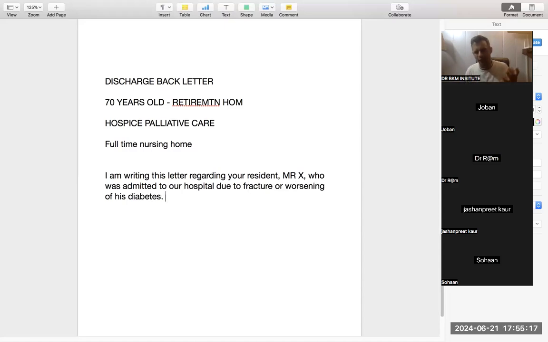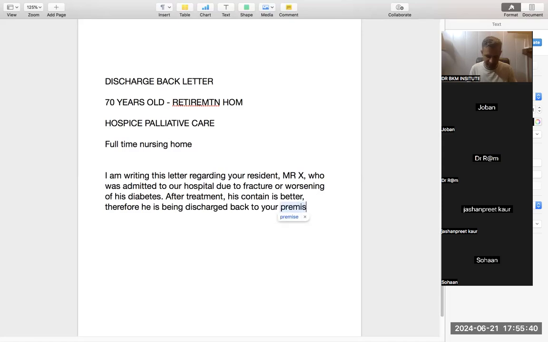It can be either worsening of diabetes or any other thing. So you will simply write after treatment, his condition is better. Better means better than before. Therefore, he is being discharged back to your premises.